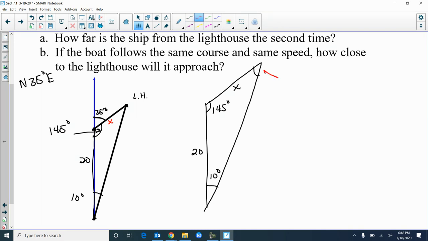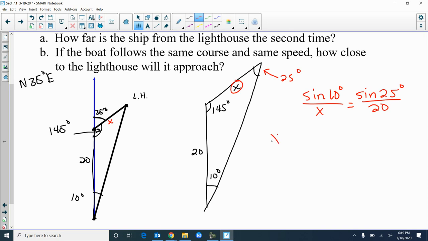That gives us 25 degrees. Okay, so now to finish that, we can have the sine of 10 degrees over x, because that is the side across from it, has to equal the sine of 25 degrees over 20.